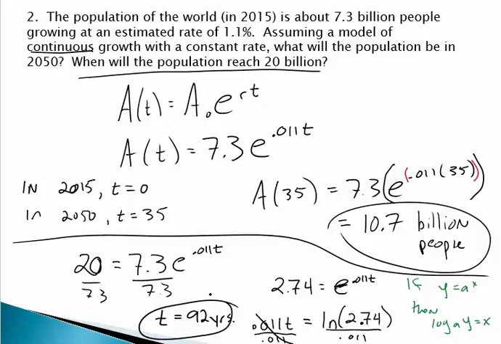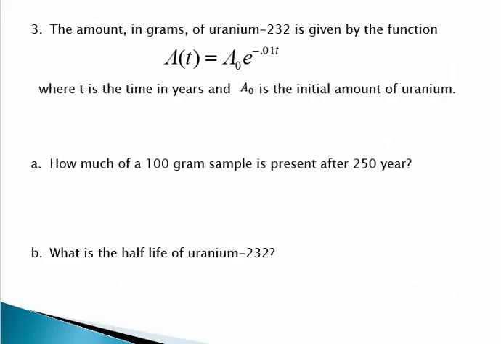The question says when. So a valid answer would be after 92 years or in the year 2015 plus 92, right? Which would be 2107 is when the population would reach 20 billion.